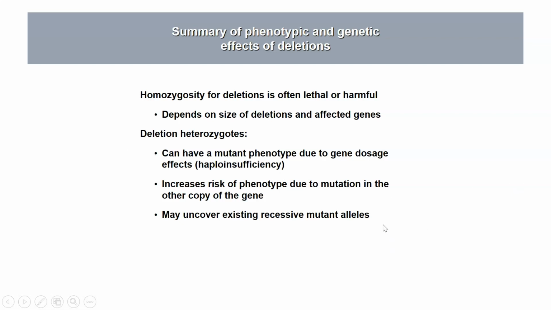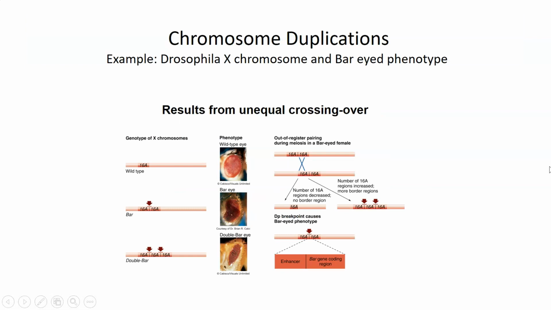For Cri-du-Chat syndrome, the result is due to exposing genes that are haploinsufficient. All right, let's talk about duplications. One example is a duplication of the X chromosome segment in Drosophila, and this results in a particular phenotype called the Bar-I phenotype.